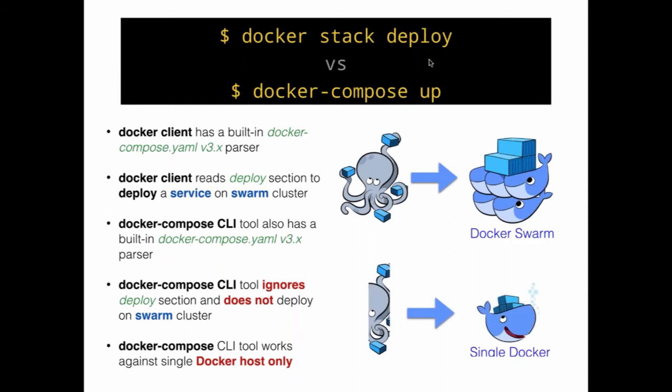The Docker Compose application, the command line tool, is a Python-based application that also understands Docker Compose YAML version 3. It has its own parser implemented, but it totally ignores the deploy section and doesn't know how to deploy a Compose file on Swarm. It works against a single Docker host, and for each service you have only a single instance, and they are all linked together with a basic network.